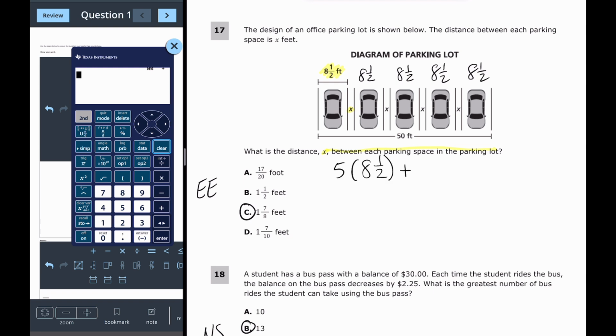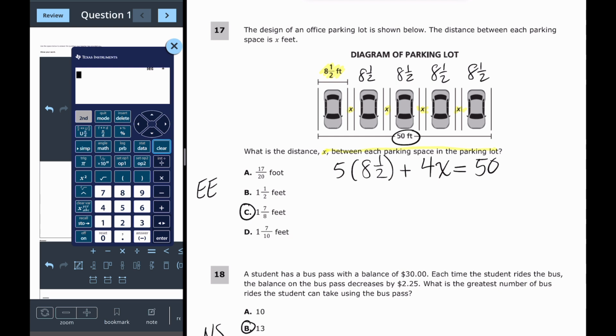And I also have 1, 2, 3, 4, 5 X's. Oh, it's 4 X's. So I'm going to combine those terms. So I have 4 X's. And do I know anything else? I know the total distance between all of them is 50, because it said so right here.